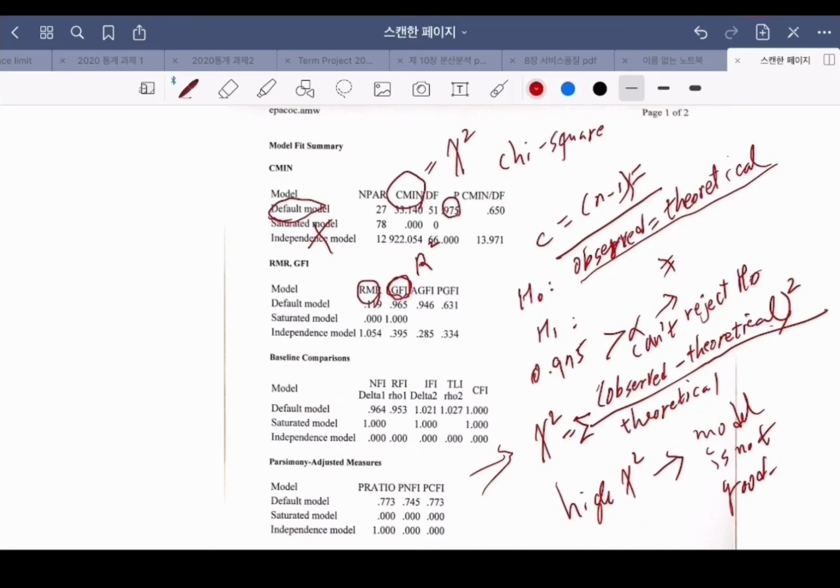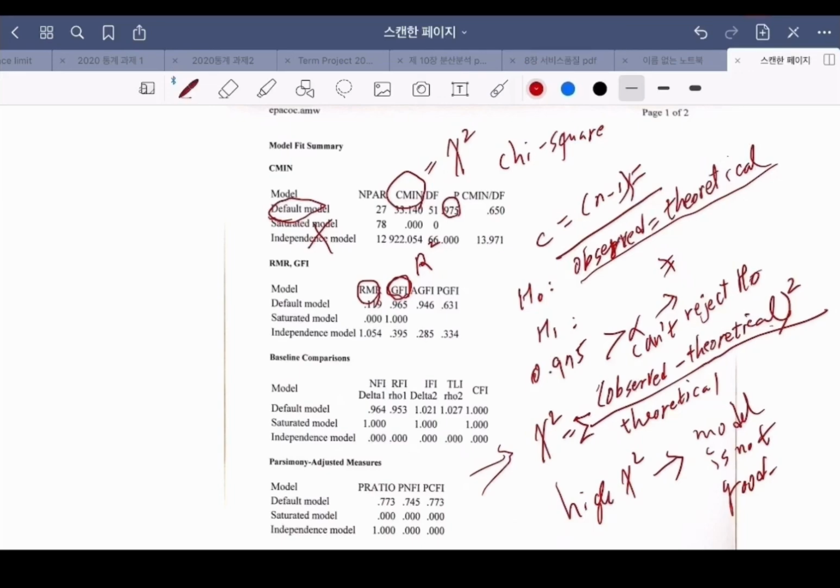So a high R square is good, and GFI is the same as R square. In this case, 0.965 means you have a very good model, since 96% of the total variation is explained by your model.